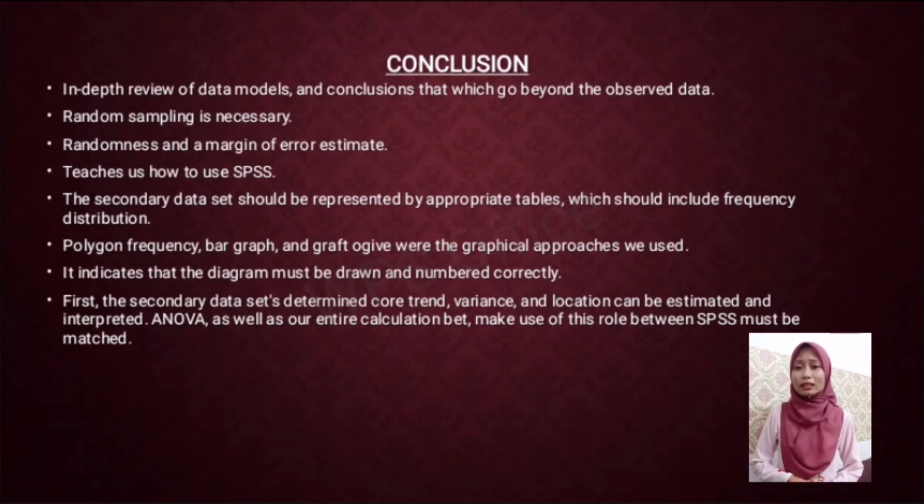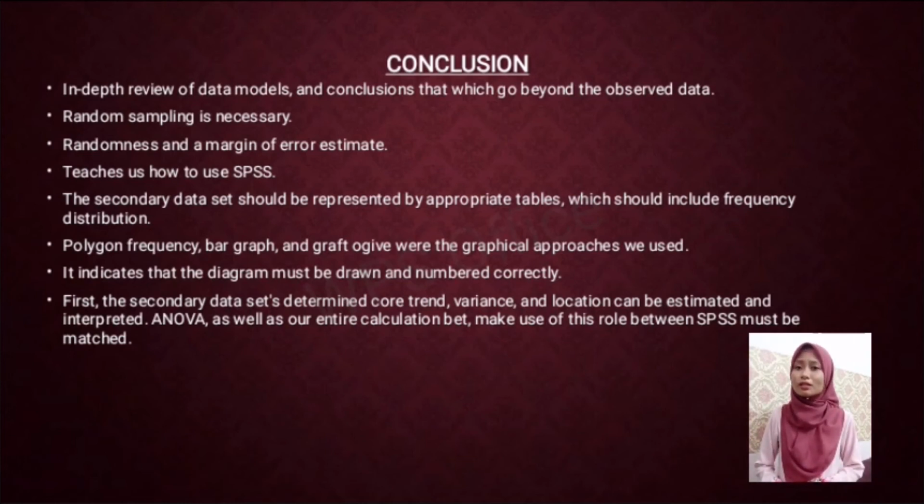Statistical thinking necessitates a careful study designed to gather concrete information to answer a specific question, and a deep review of data models and conclusions which go beyond the observed data.